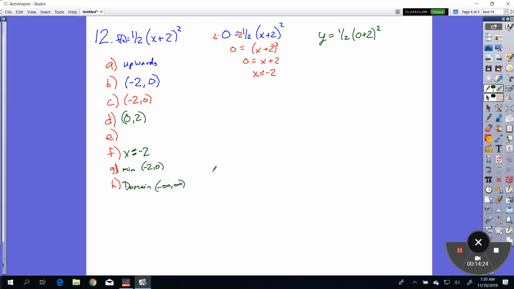All your quadratics will always go left and right forever, unless they have some rule that makes it stop, like only use x is greater than 0 or something like that. The range, since this opens upwards, the bottommost y value is 0. So it goes from 0 up to infinity, and it's a bracket because we do include 0. So that's what the first 8 problems look like.